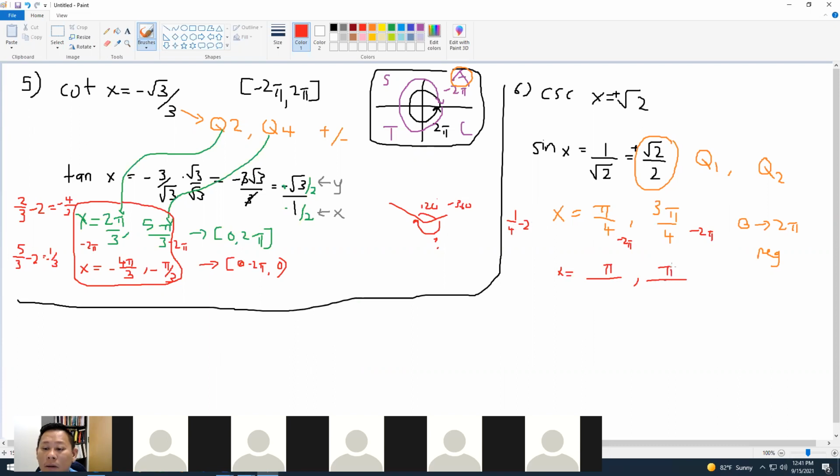Negative 7 over 4. No, the pi over 4 is positive. They are negative for sure. You guys have a calculator, right? This will be negative 5 pi over 4.